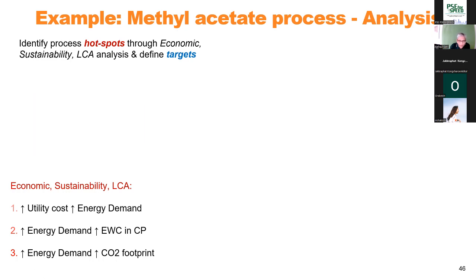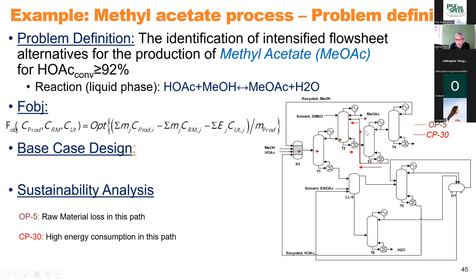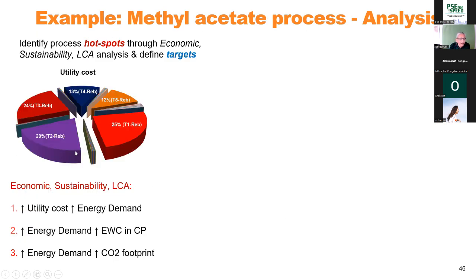Let's go back to the flow sheet. This is column 1, column 2, column 3, column 4, 5, 6, like that. Column 2 is very high, column 1 is very high, the other ones are high, but columns 2 and 1 are very high. So if we want to do anything, we have to reduce these.